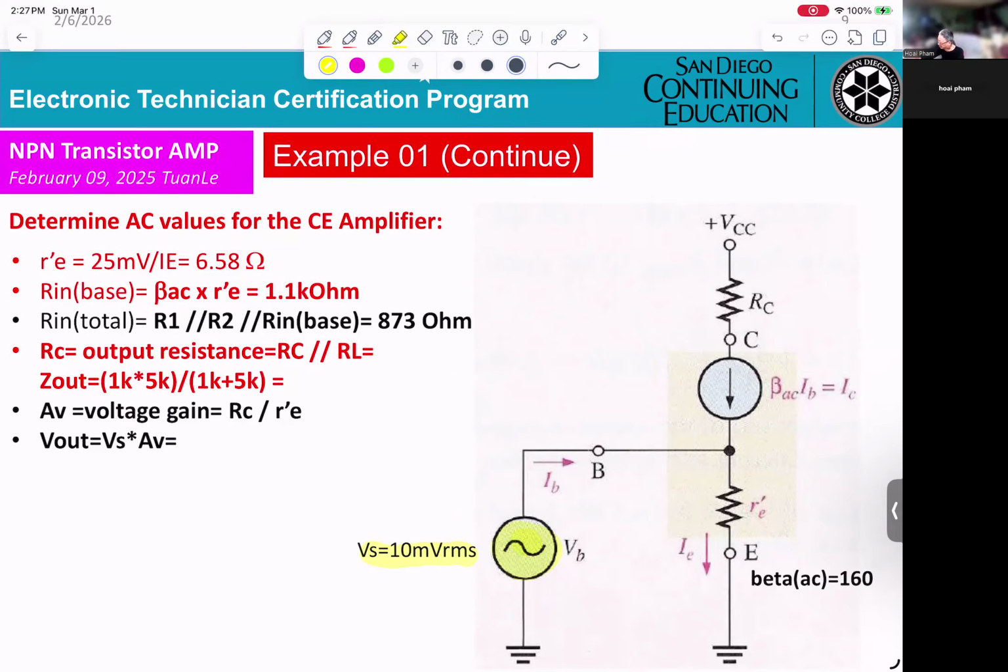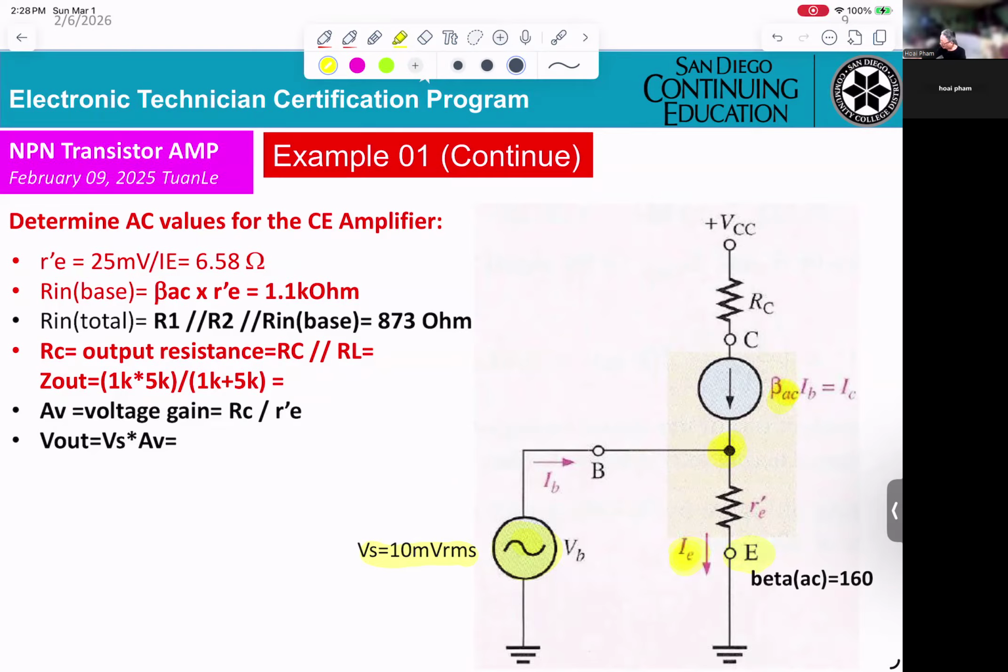Okay? This is the base. From the collector to the base, you can get IC. IC equals beta times IB, and the beta is using AC, beta AC. Okay? And at the emitter, you get the current IE.